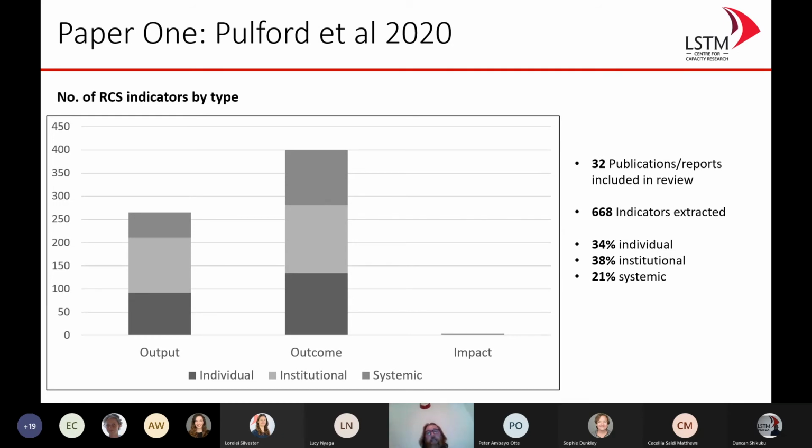So what we can see here is that a third of the retrieved indicators spoke to individual RCS, just over a third to institutional, and about a fifth to systemic RCS. So overall not a bad split across those 3 levels, if you like.